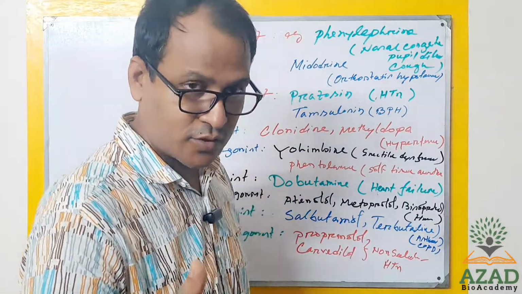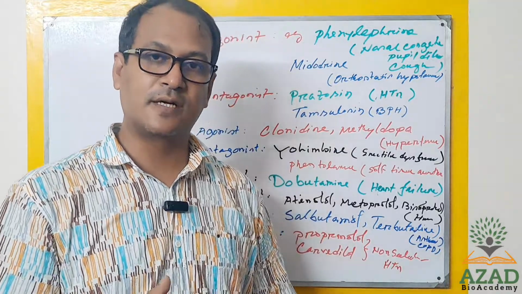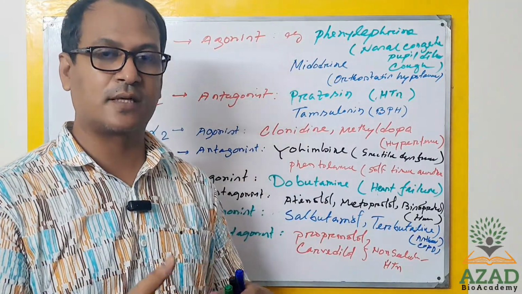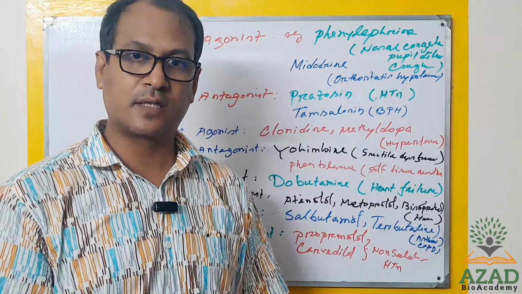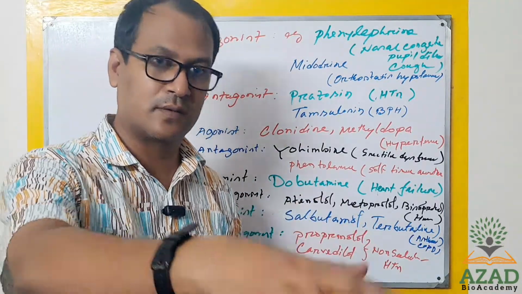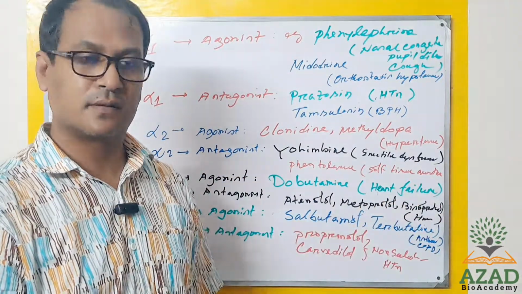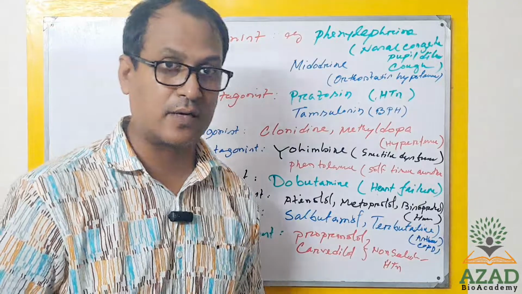Already I said. So what should you do? Your heart is going to fail. So instantly, if you take the dobutamine, then it can activate your heart. It can try to increase your force of contraction or heart rate or your other activity. So you can use it for heart failure. Okay. So dobutamine is for heart failure.